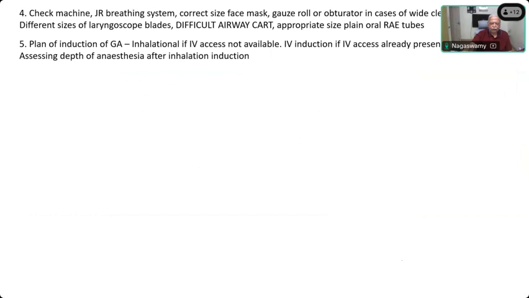Initially there will be tachypnea, rapid shallow breathing, then after achieving the depth, the rate will decrease. Yes, rapid shallow breathing will be replaced by deep slow breathing. Okay, so the rate will definitely come down. That is one of the very, very easy methods of assessing the depth of anesthesia.